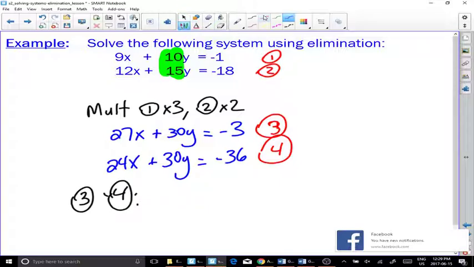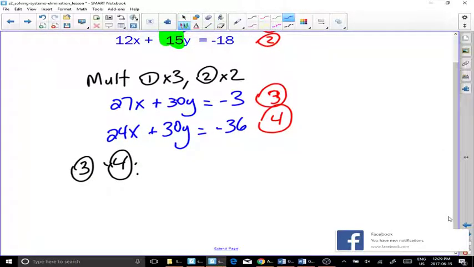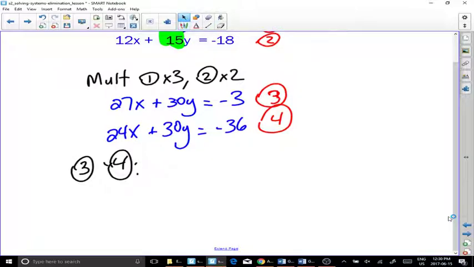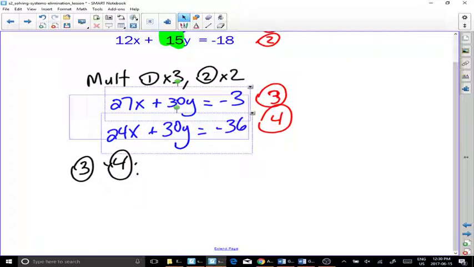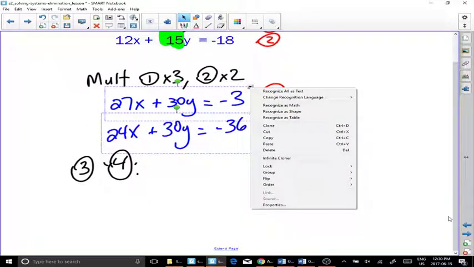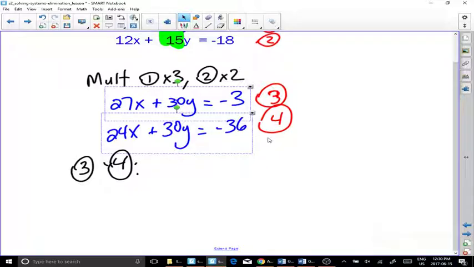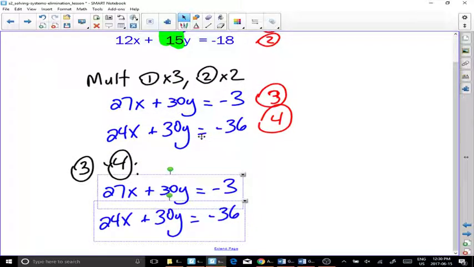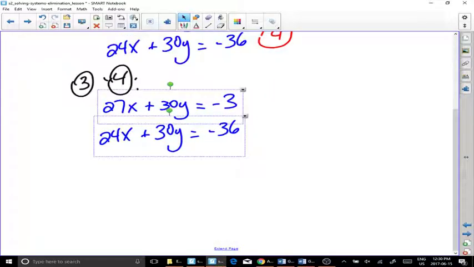It's kind of a waste, but we kind of have to draw these out again. I could kind of cheat a little bit here. There we go. If we're going to subtract them, there we go.